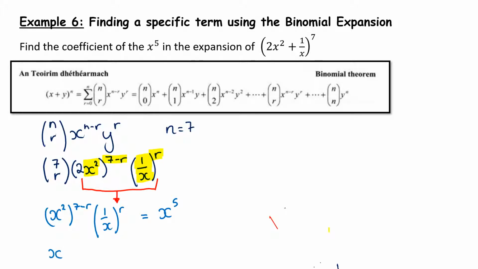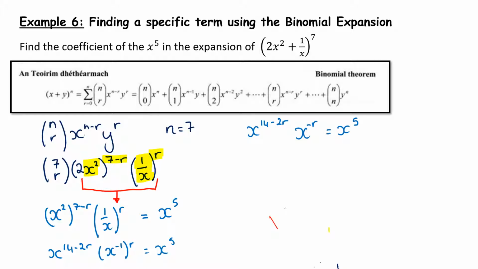So I get x to the power of 14 minus 2r. 1 over x is basically x to the power of minus 1. So I get x to the power of minus 1 to the power of r. That's all x to the power of 5. Moving up here, I get x to the power of 14 minus 2r times x to the power of minus r equals x to the power of 5.